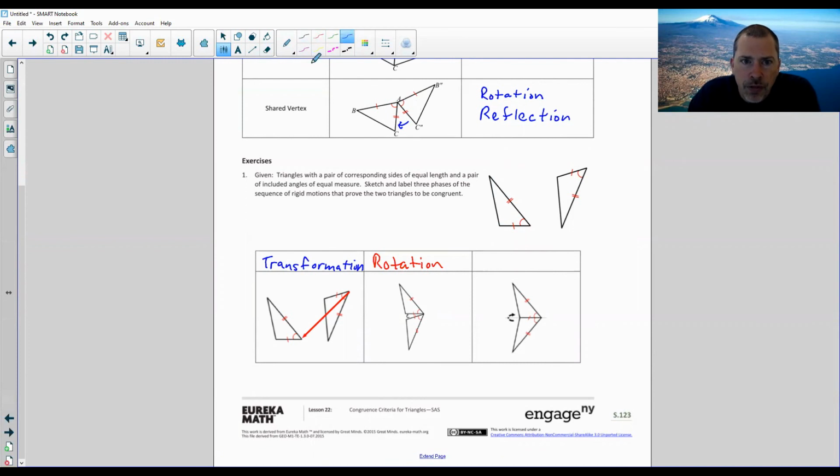So we did the transformation, we did the rotation, and now we're going to do a reflection across this side. Okay, so that sums up what we were required to do. Translate over, rotate so that one side is shared, and reflect across that side, and the third angle will land on top of the third prime angle, or vice versa.